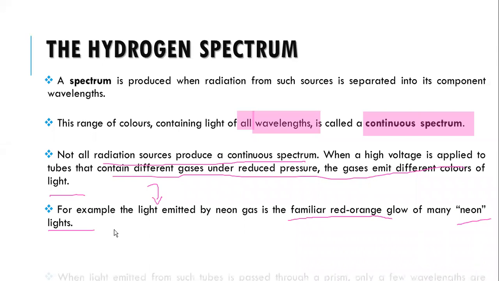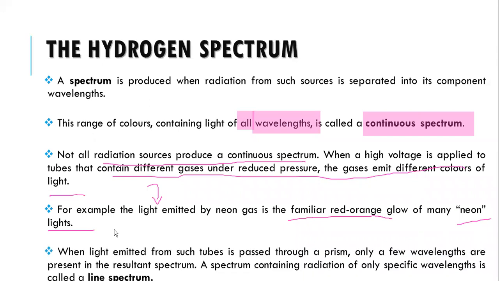Next, when light emitted from such tubes passes through a prism, this word is very important, guys. When it passes through the prism, only a few wavelengths are present.